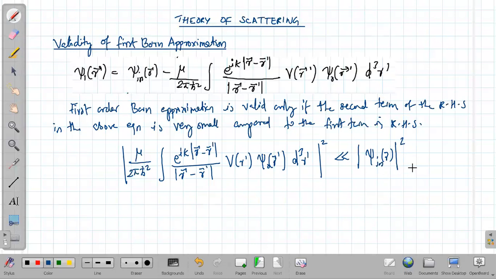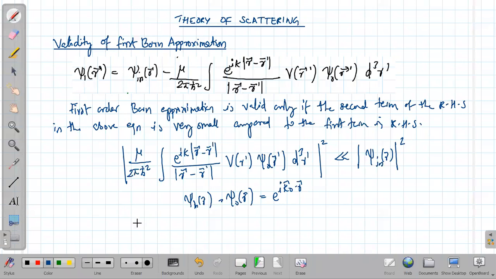Now the psi in of r and psi 0 of r would be the same. The incident wave function and the zeroth order Born series solution are both the same, e raised to i k0 dot r, which is already known to us.